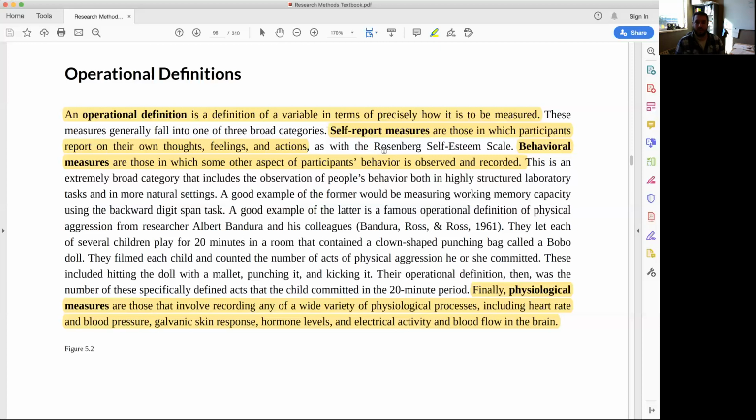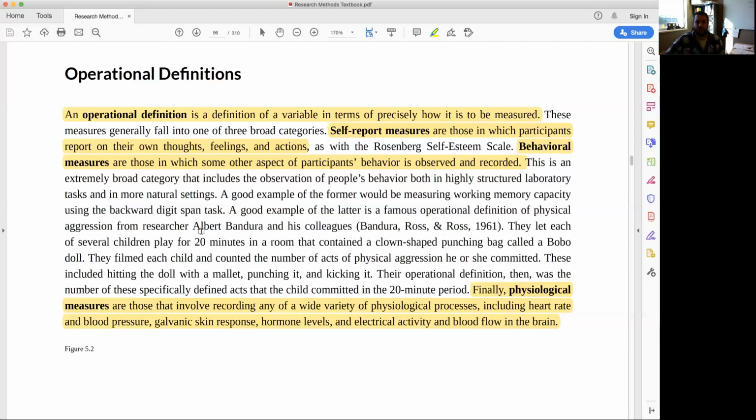And the other pro is that sometimes you need the person to actually answer things, because behaviorally you can't observe the behavior, whether that's due to ethical reasons or timing reasons, and then physiologically, which is the other one. Again, there might be ethical issues that prevent you from doing that. So self-report is your only option at times. Behavioral is where you ultimately witness a behavior and then you record it.